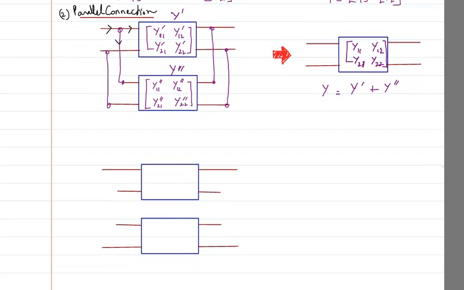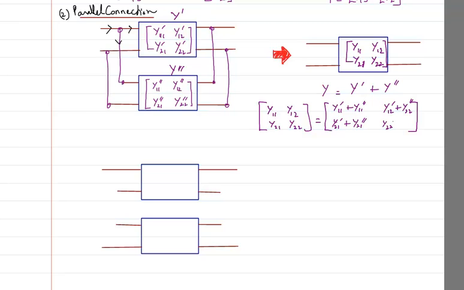Then I can get Y11, Y12, Y21 and Y22 as the addition of both the Y's, which can be written simply as Y11 dash plus Y11 double dash, Y12 dash plus Y12 double dash, Y21 dash plus Y21 double dash, and Y22 dash plus Y22 double dash. Of course, I have to prove it, that I will do in the next section. So this is the case of parallel connection.